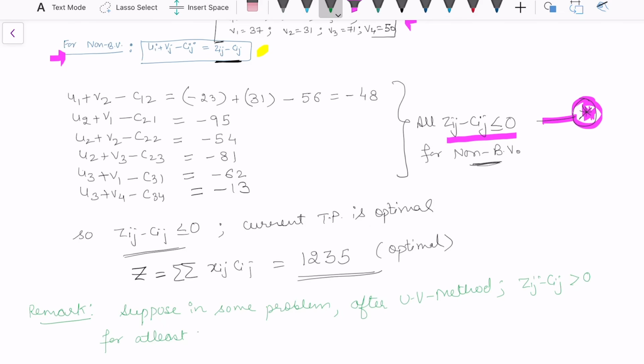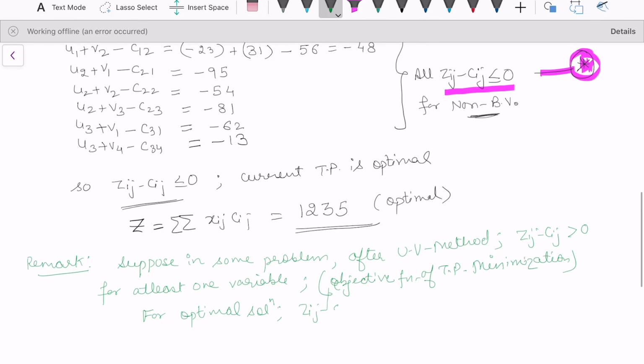If it is positive and my objective function is minimization, because we are solving a minimization transportation problem, then this means that the current solution is not optimal, because for an optimal solution, Zij minus Cij should be less than or equal to 0.